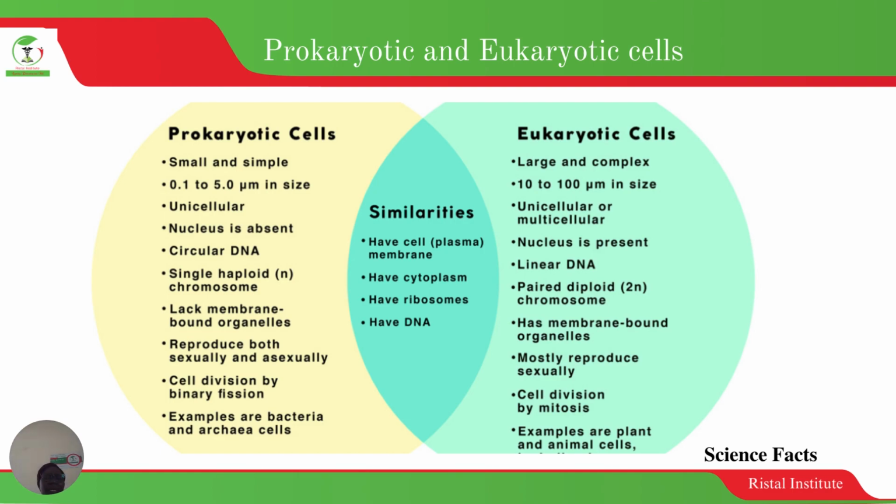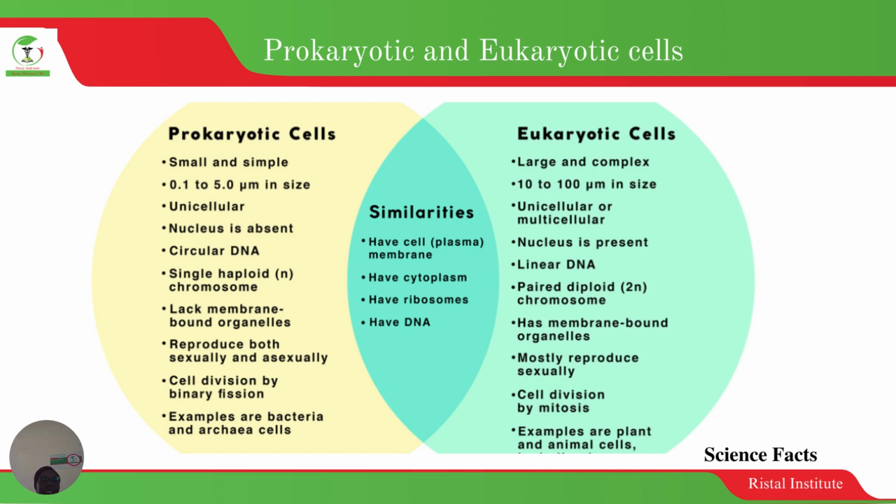Then the eukaryotic cells are larger and a little bit more complex. Their size is 10 to 100 micrometers. Then, coming back to the prokaryotic cells, they are unicellular, meaning that they have one cell, and they don't have a nucleus, but they have a circular DNA.